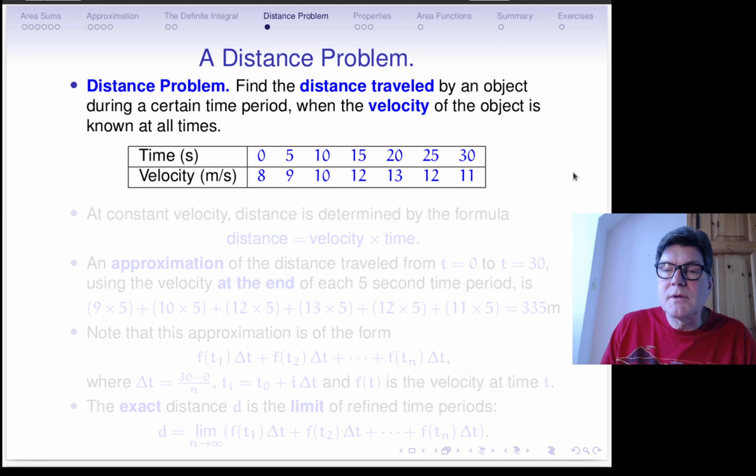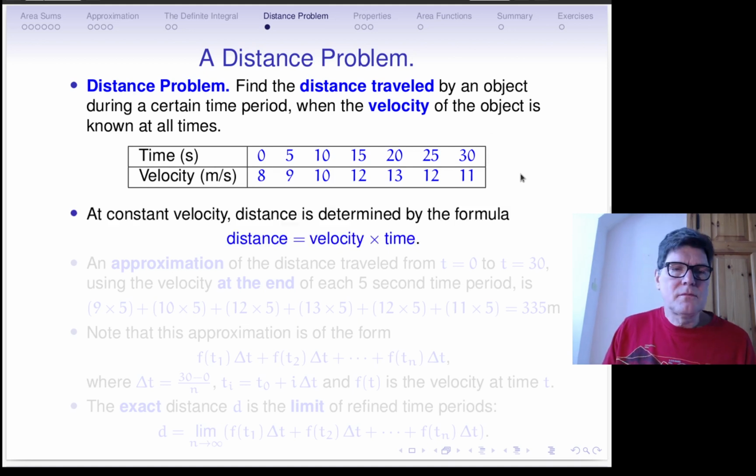Or let's say for starters, here we have a list of velocities measured at 5-second time intervals. And the concrete question would be, what distance does the object travel if the measured velocities are like this over a total time period of 30 seconds?